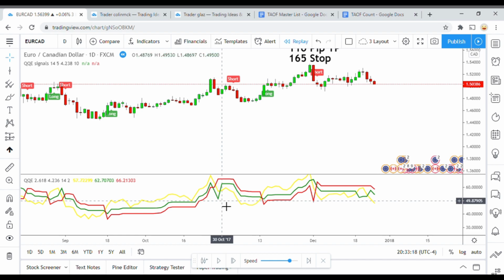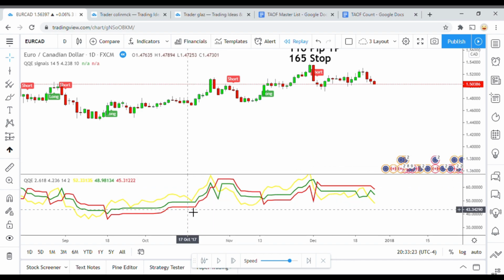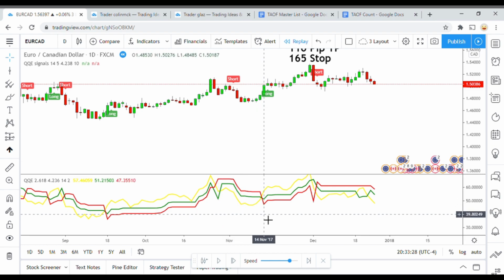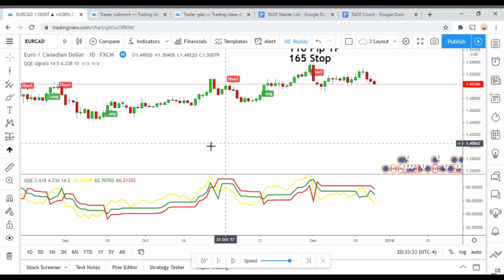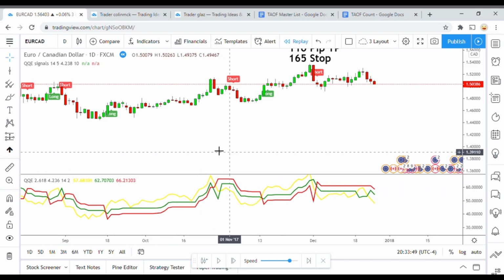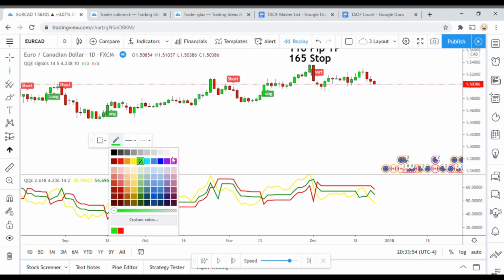The thought process is that the red and green lines define the direction in which you should be looking to take the trade, and the yellow line defines the signal, the exact point that you should take the trade. For example, you can see the red line, let's use this area right here as an example.